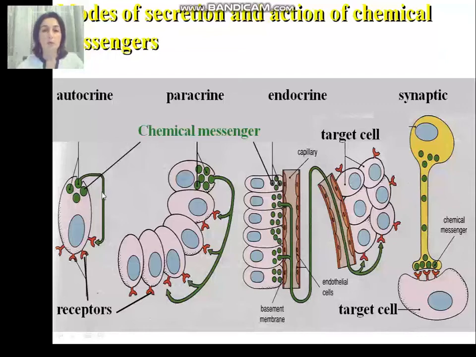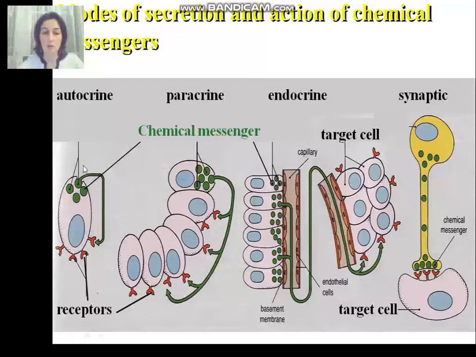According to distance, according to the types of signaling, we have autocrine, in which the hormone is produced by the cell, and the receptor for that hormone is located on the surface of that cell itself. That type of signaling is called autocrine.